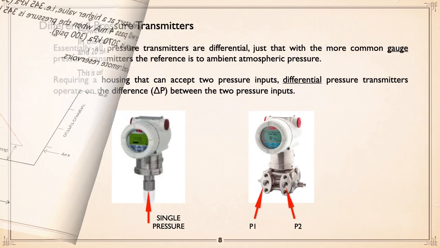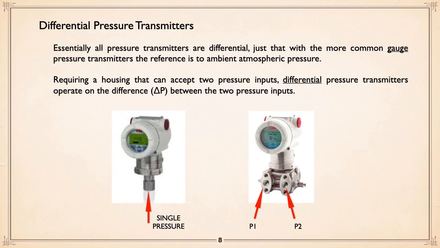Now, any pressure is like voltage. It always needs two locations. Essentially, all pressure transmitters are differential. It's just the more common gauge pressure transmitter, where the reference is to ambient atmospheric pressure. It's like you're reading a pressure gauge. Now, if you have a housing that could accept two different inputs, then you can have a differential pressure transmitter. That'll be the difference between the two.